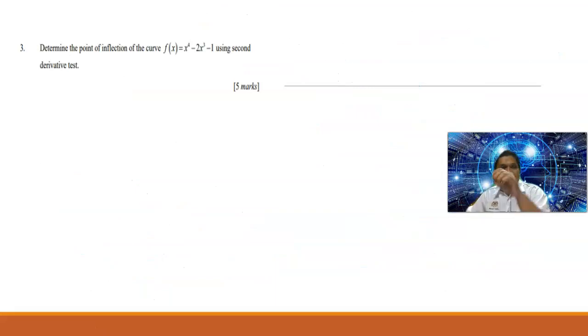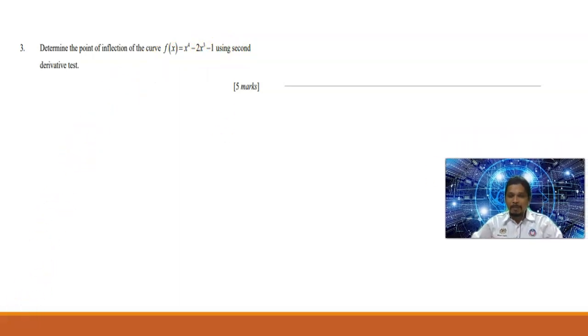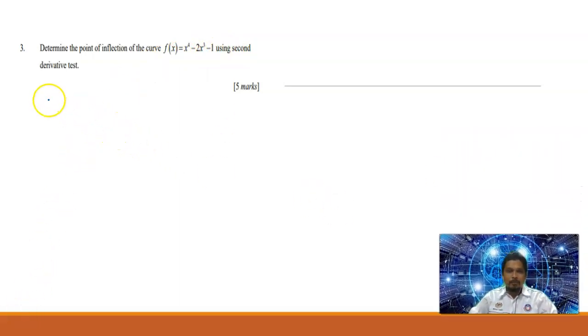Determine the point of inflection of the curve f(x) equal to x to the power of 4 minus 2x cubed minus 1 using the second derivative test. So let's say given here y equal to x to the power of 4 minus 2x cubed minus 1.